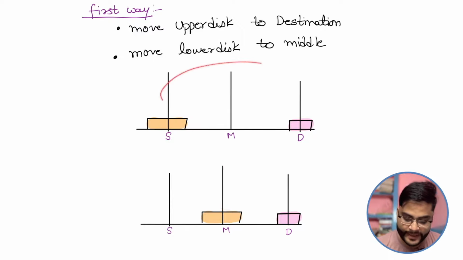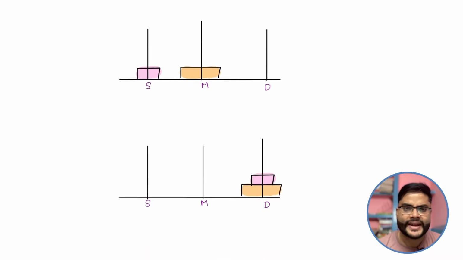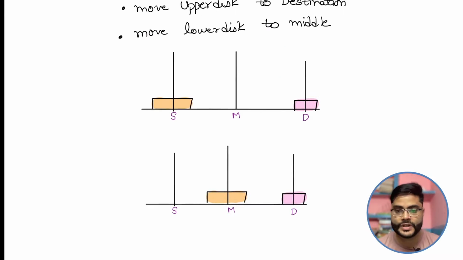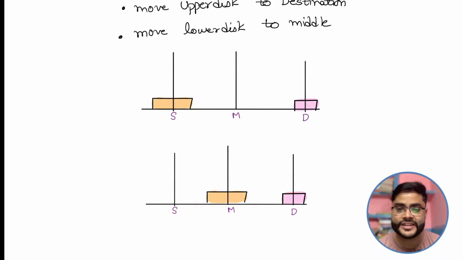So in one step I move my lightest disk, in the second step I move my other disk. After that, I want to move my heaviest disk to the destination, but I moved my lightest disk there, so I cannot move my heaviest disk there. This is not allowed.